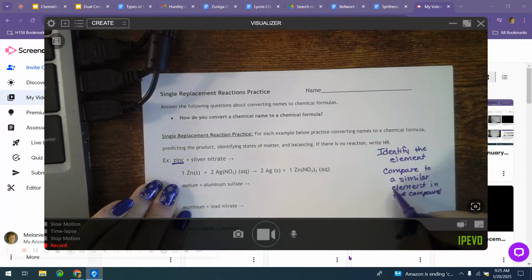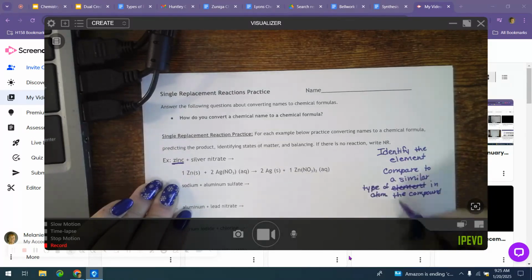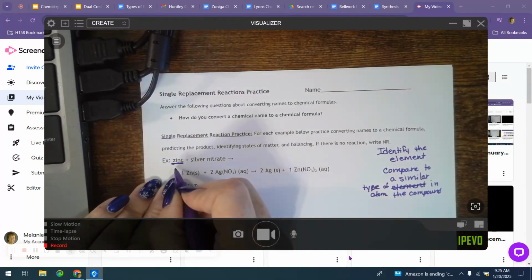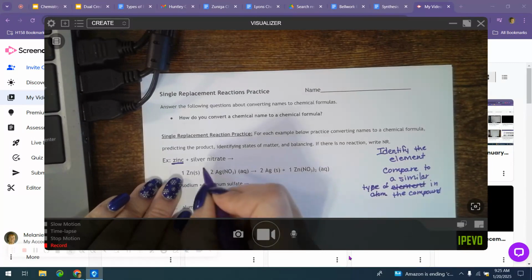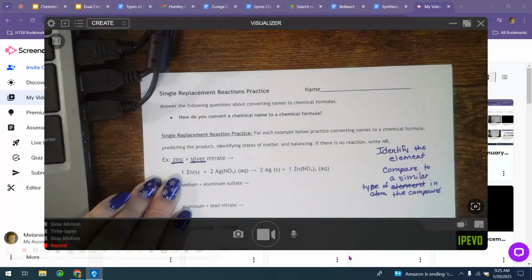And I'm going to change that, not to a similar element, a similar type of atom. What I mean is, if the element is a metal, we want to compare it to the other metal. So if I look at this compound, silver is the other metal.